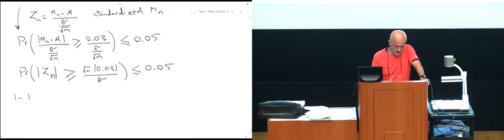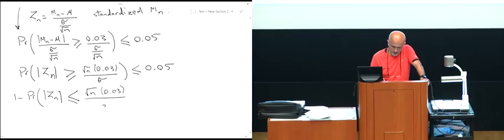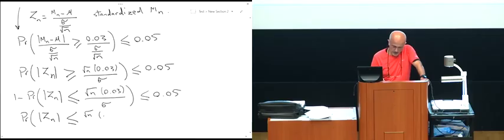So I have to write this as 1 minus the probability that Zn is less than or equal to root n times 0.03 over sigma is less than or equal to 0.05, which means the probability that Zn is less than or equal to root n times 0.03 over sigma is what? Greater than or equal to 0.95.